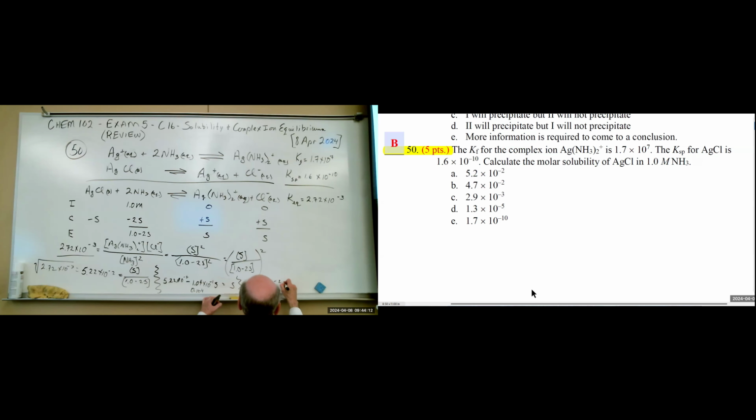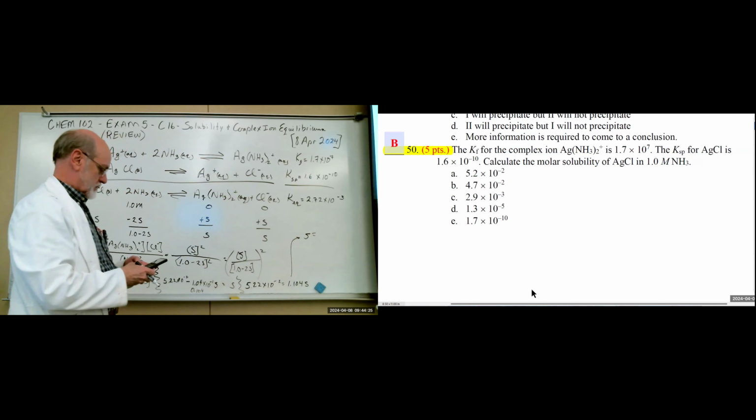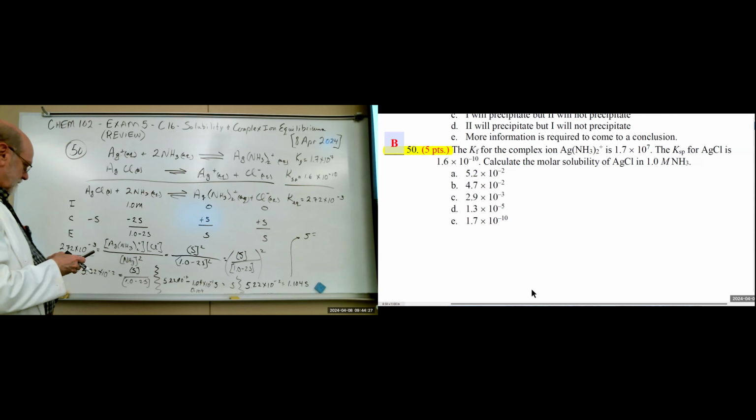And the minus 2 equals 1.104 s. Now, s is simply this number divided by 1.104. Did I do that right?